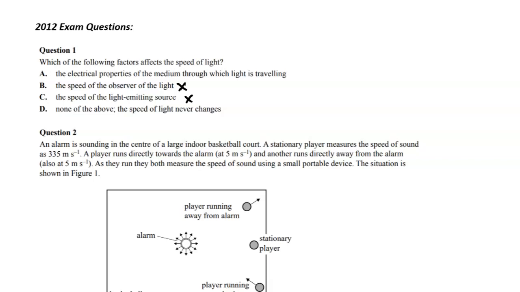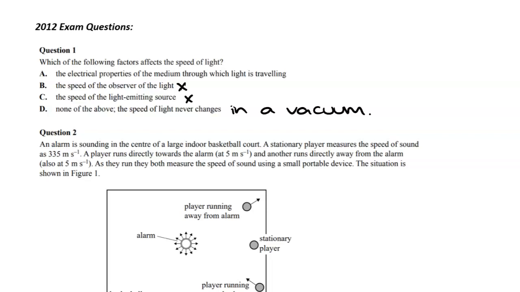You might then gravitate towards D, thinking speed of light never changes. Well, this is an incomplete sentence. The speed of light never changes in a vacuum. If we put that in the statement, that would be absolutely correct. Speed of light never changes when we're within a vacuum alone.